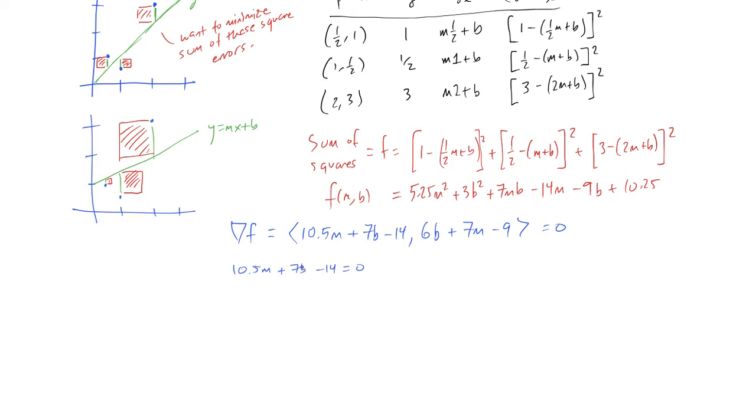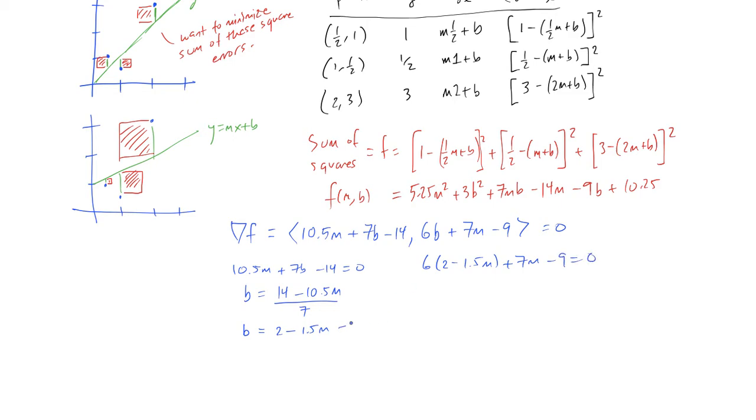So let's solve for b here. So we get b equals (14 minus 10.5 m) over 7. Moving these two terms to the right hand side, divided by 7, which is 2 minus 1.5 m. That's my b. And then I'll have 6 times (2 minus 1.5 m) plus 7m minus 9 equals 0.